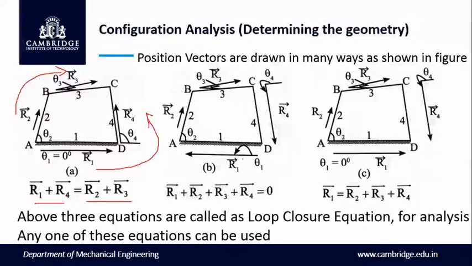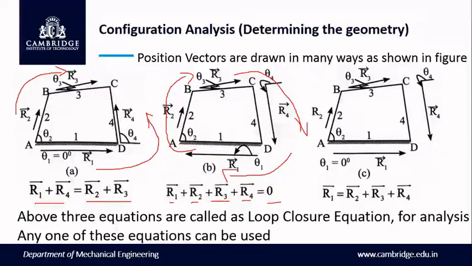Similarly, if we change the direction of the vectors, here r1, r2, r3 and r4 are all in the same direction, that is, the clockwise direction. Hence, we can represent the loop closure equation as r1 plus r2 plus r3 plus r4 vectors equal to 0.